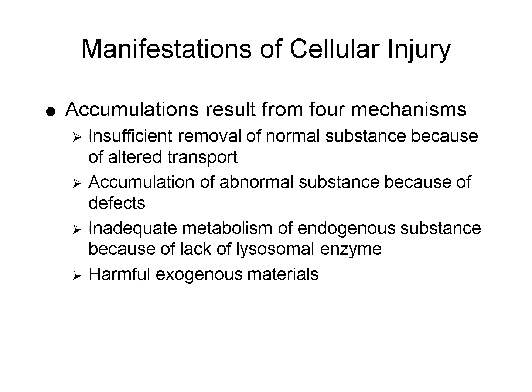Third, inadequate metabolism of endogenous substances can occur when there is a lack of necessary lysosomal enzymes. Finally, harmful exogenous materials, such as pollutants or infectious agents, can infiltrate the cell and cause injury. Each of these mechanisms can disrupt cellular homeostasis and contribute to disease progression.